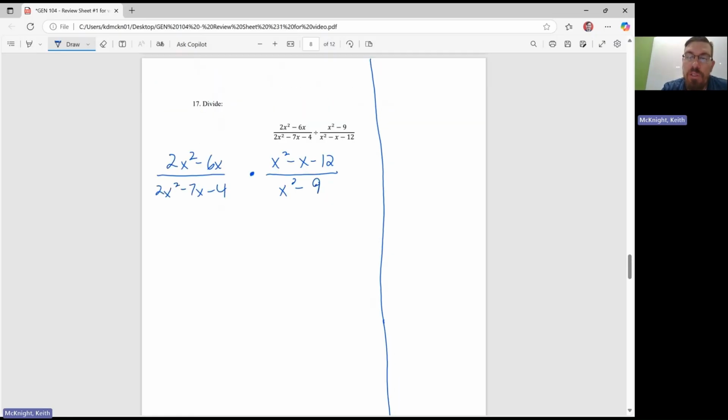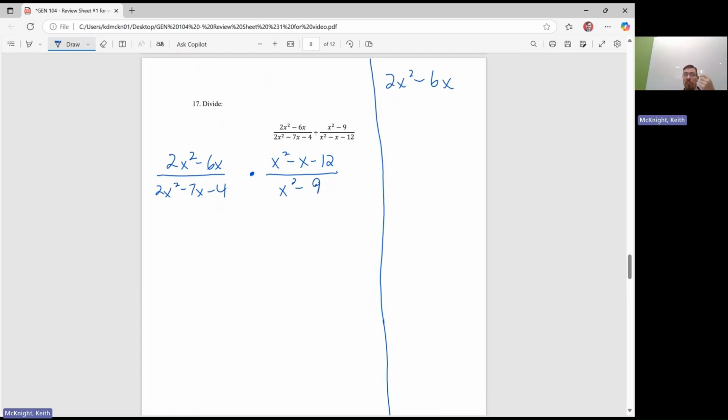So the first thing we're going to focus on is our 2x squared minus 6x. Anytime we're factoring, we've got to ask ourselves a few questions. First one, do I have a common factor between all my terms? In this one, that answer is yes. 2x squared and 6x are divisible by 2, and they both have an x.